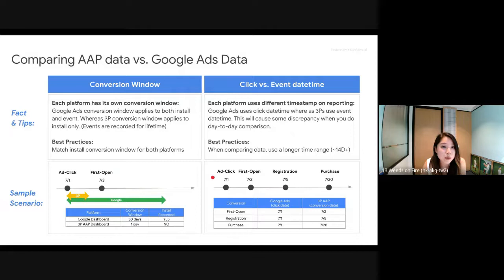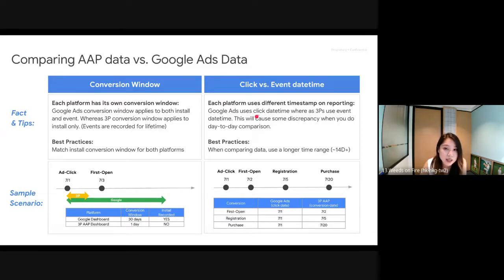And the second thing would be the conversion window. So what we just talked about: in the MMPs, a lot of the time the conversion window could be just 1 day, and for in-app events, it could be forever. So depending on the conversion window, it might record conversions very differently. As well as that, there is a difference between click date time versus event date time.